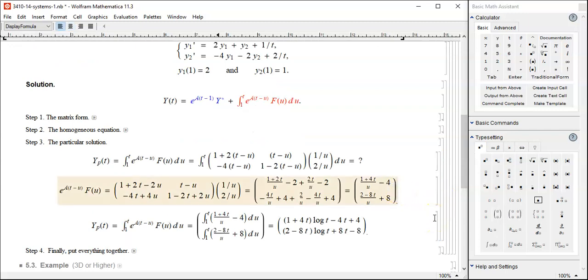Elementary but tedious computation follows. And then take the integral. Again, elementary but tedious computation. In the end, we have 1 plus 4t, 2 minus 8t, the t part, and then the u part is going to be a logarithm, so log of t there. And then you cannot plug in 0.